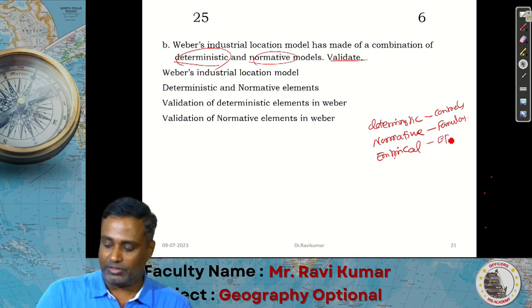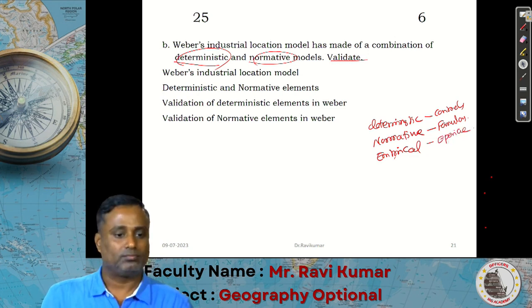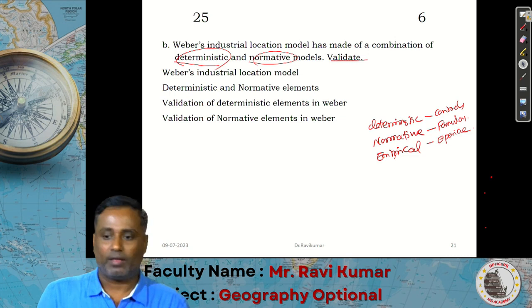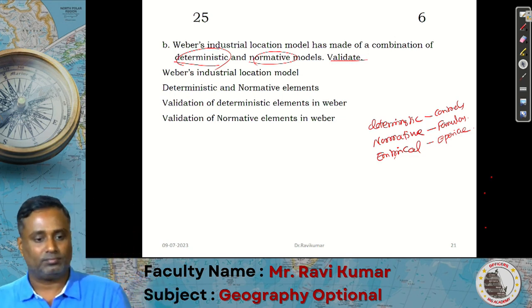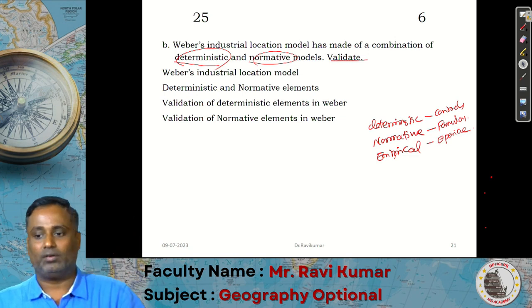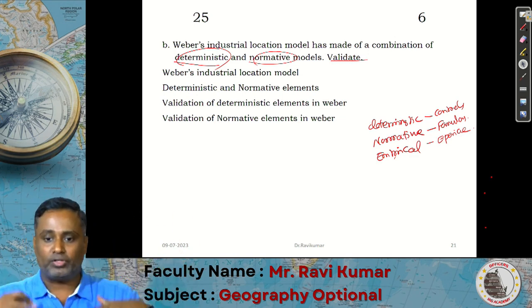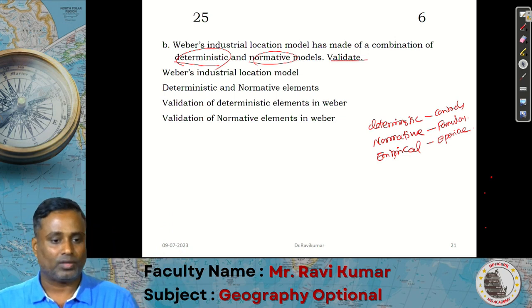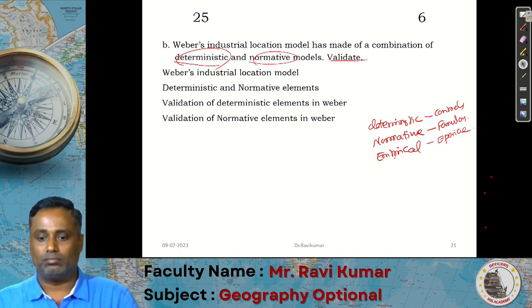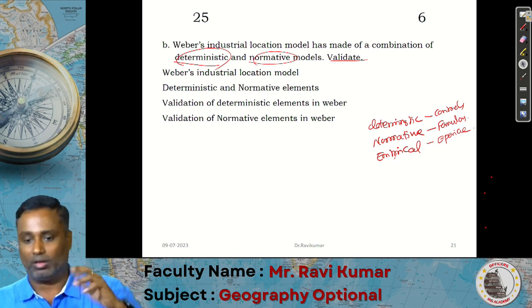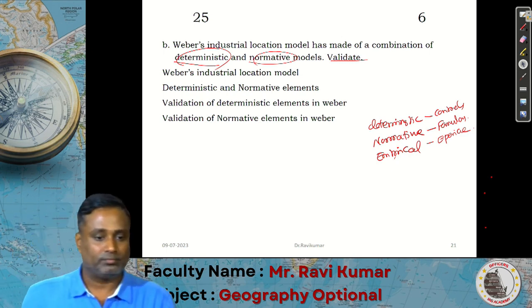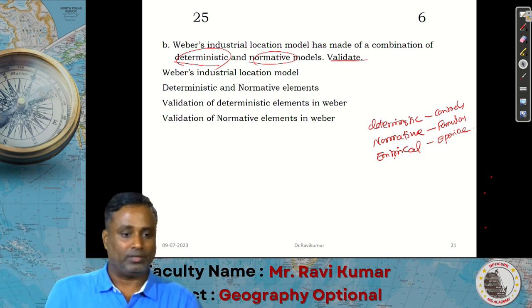So what is empirical? Empirical is based on experience. The author visits many places and, based on his observation, gives a theory. Normally, Malthus's population model talks about an empirical model. This is not normative and not deterministic; it is empirical.